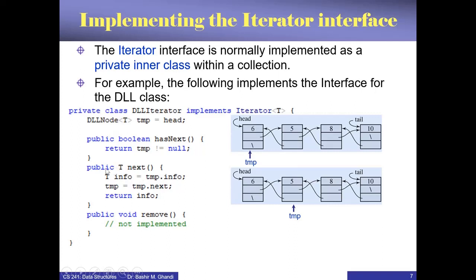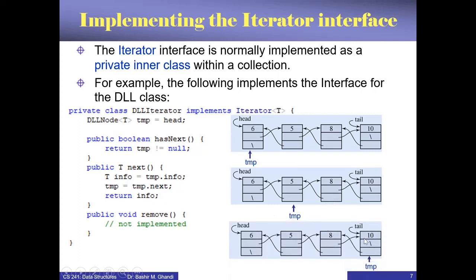If the user prints iterator.next, he's going to see that 6 is printed. If he calls next again, he will get 5, and temp will move to the next node, and so on until we reach the last one. Even here you can see hasNext will return true because temp is not null, it is pointing to this node. So if the user says next, he will get the 10.